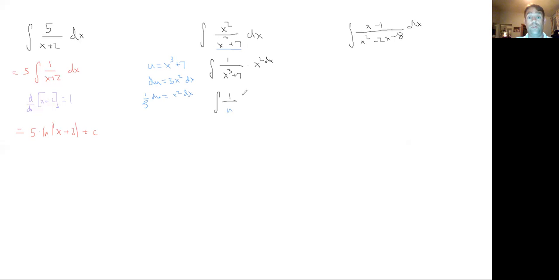And in place of x squared dx, I have 1/3 du. And you can see how the rest of this is going to play out. 1 over u du. So 1/3 times the natural log of u plus c. And then substitute our x cubed plus 7 back in.